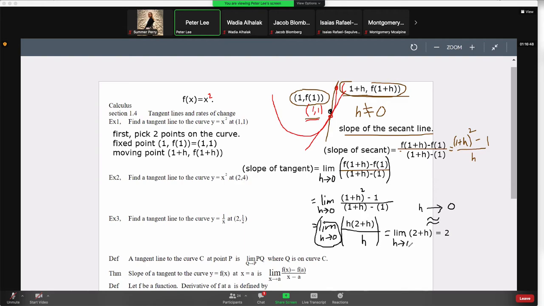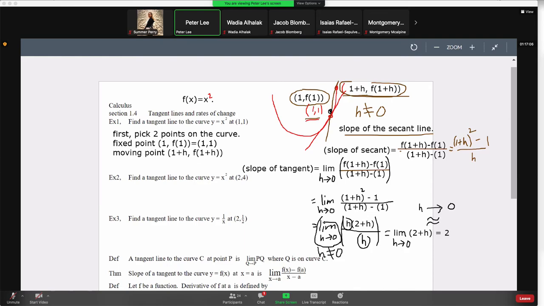The reason why we could reduce this h and this h is because this h is not 0. We assume that h is not 0. h will be a very tiny amount, like 0.001, but we assume that h is not 0.